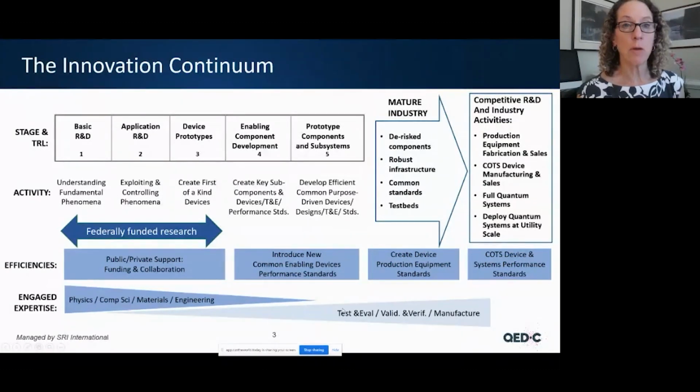Then as you get into the more applied work, there are activities like testing and evaluation, validation, and verification, making sure that processes work and that things behave and perform properly, and ultimately, of course, manufacturing. And just like the previous slide that showed the innovation ecosystem, there are a lot of different expertise and capabilities that are going to be necessary for something to move from the basic research stage through to application, manufacture and commercialization.